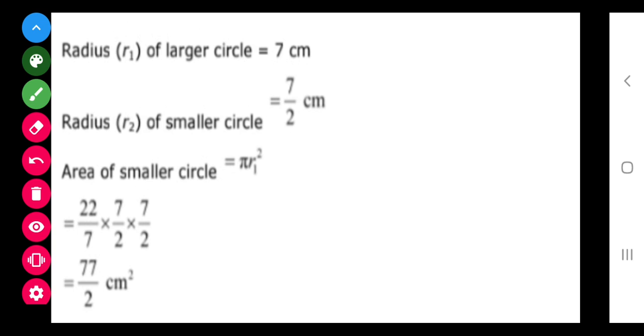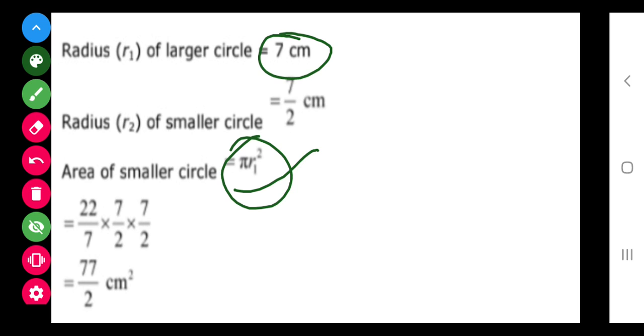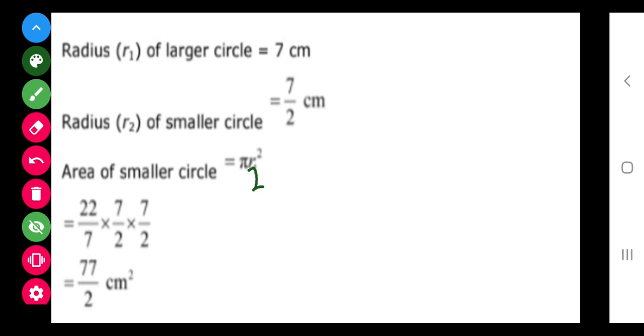Now see the solution. Area of the small circle, as I have told you, will be pi r1 square, and here it is written wrong, it should be r2. So you make it correct.